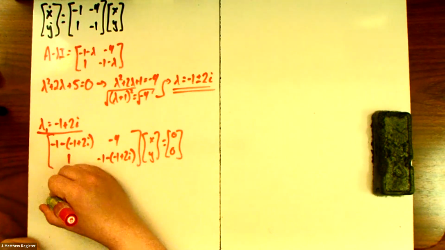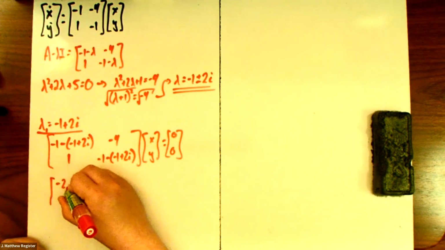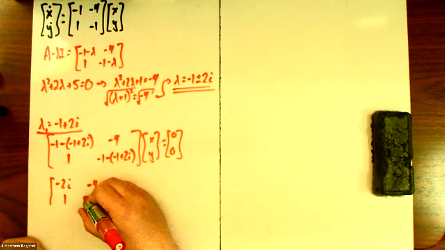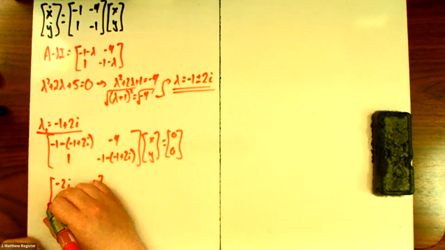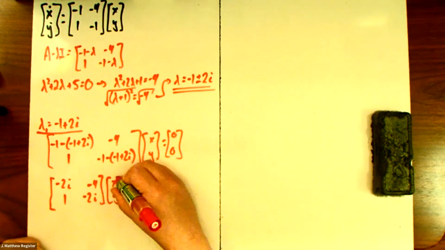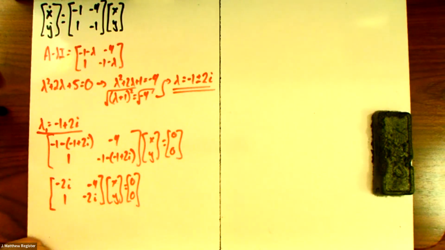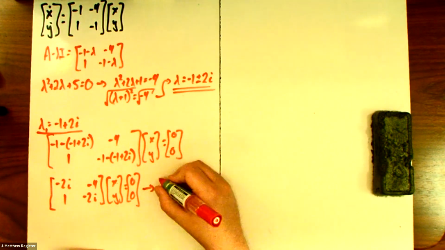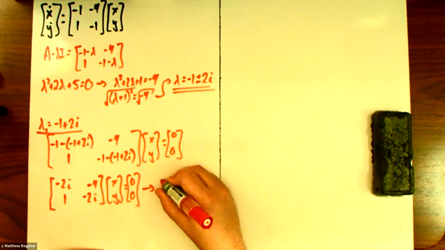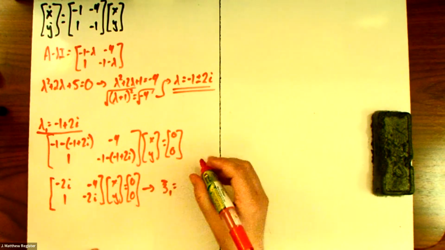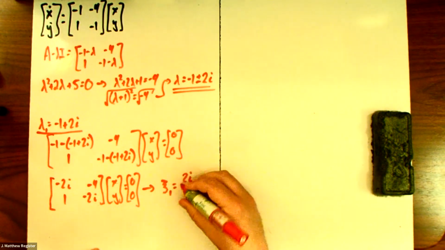So you're going to get 2i, -4, and then a 1 and a -2i. Now, it might not look like it, but these two rows are proportional, just like it is for all of the other eigenvector problems we do. And so we can choose either row to figure out our eigenvector. I would probably go with the second one, just because it looks the cleanest. And so that would give us a 2i and a 1.